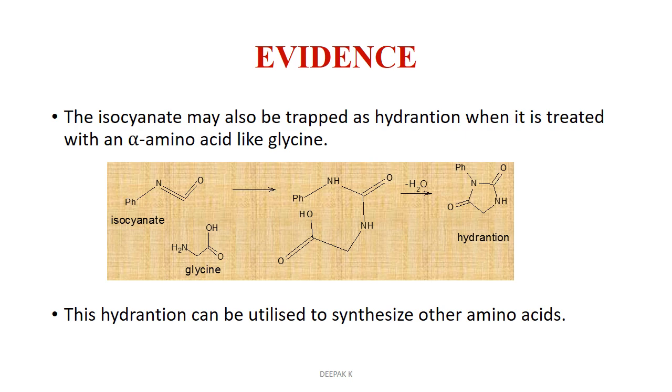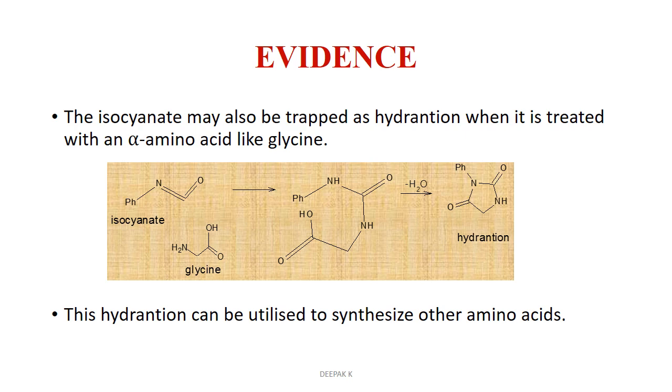Okay, and then look at the other evidence. You treat this isocyanate with glycine, what is happening? In the glycine, one of the protons from NH2 will be released, and then RNH, C double bond O, NH, carbonyl group, then CH2COOH is formed there.